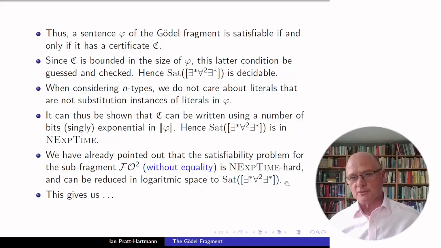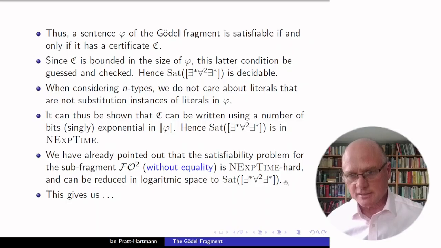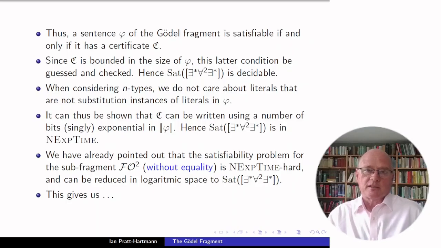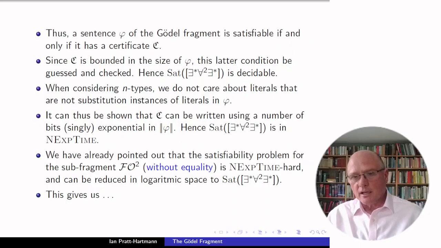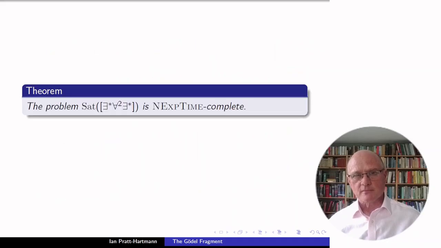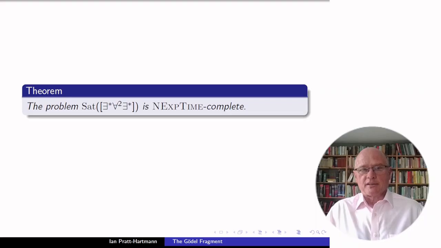It follows, of course, that the Gödel fragment is itself NExpTime hard, because there's a reduction from a known NExpTime hard satisfiability problem, namely the two-variable fragment without equality. So we have a matching lower bound in this case as well. So we've proved that the satisfiability problem for the Gödel fragment is NExpTime complete.